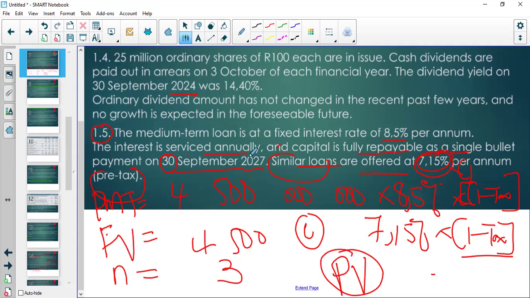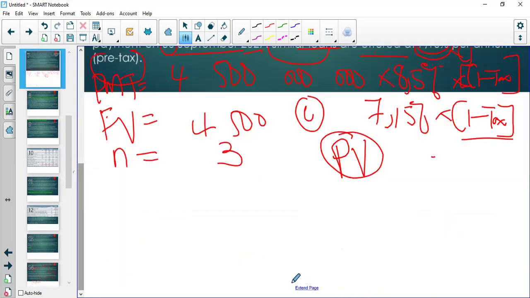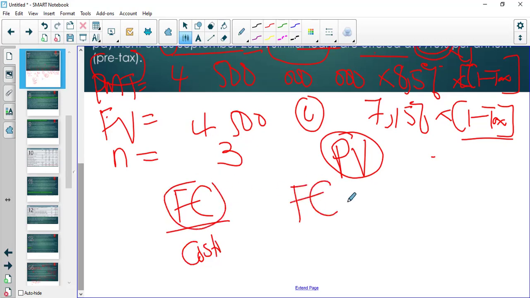So we said that this is the case when we have the redemption date. In a case where we don't have the redemption date for a loan, just take your finance costs over the cost of the loan. I want you to adjust for tax. You can still not adjust, but I want you to be consistent.